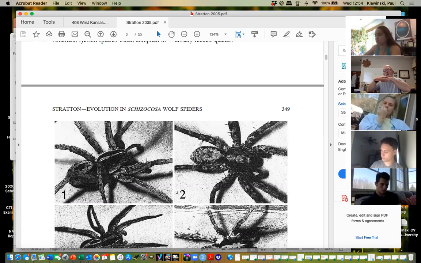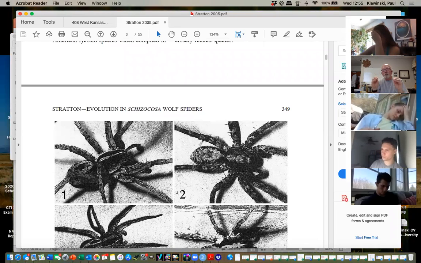They deposit sperm on that webbing, and then they turn around and dab their pedipalps into the little ball of sperm, and it sucks the sperm up into the pedipalps. The pedipalps have all these tubes inside of them where sperm is stored. This is commonly referred to as loading the pedipalps with sperm.